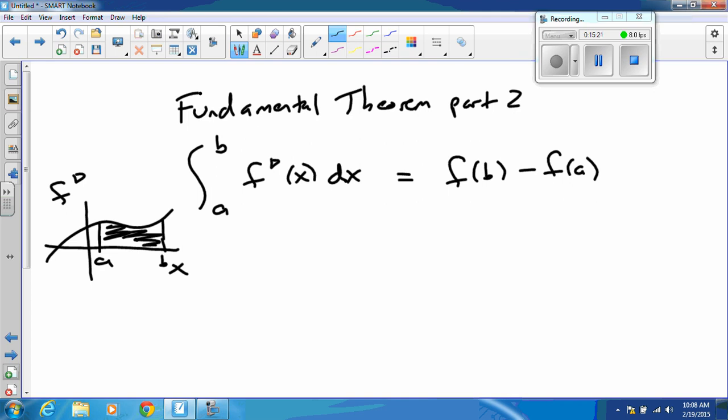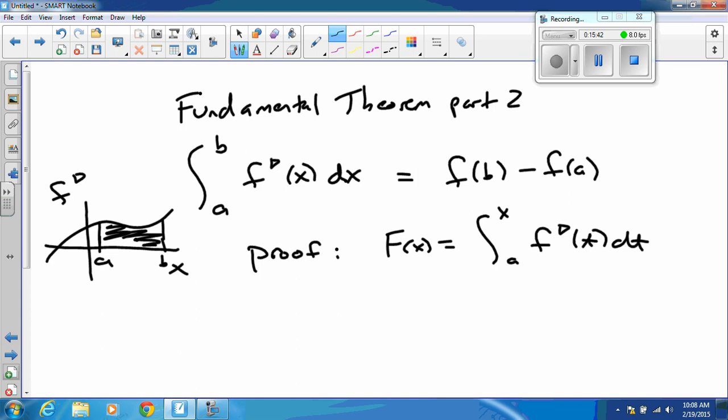That's my point. Now, to see why this is so, all that we need is fundamental theorem part 1. So let me do a quick proof, and then I'll show you how this actually works. Let's let capital F of x be an area function that adds up all of the area from a to x of f prime of t dt.